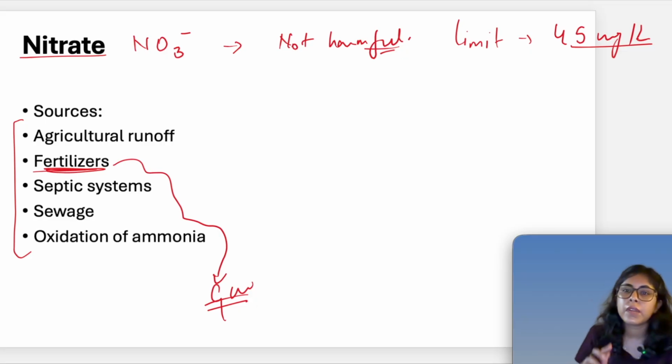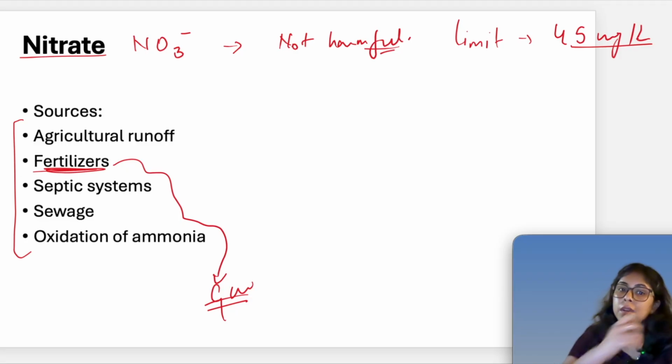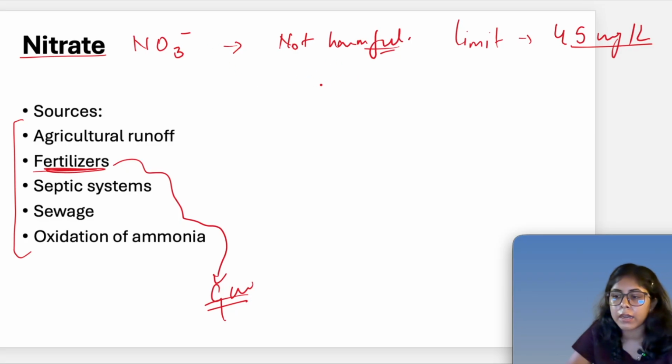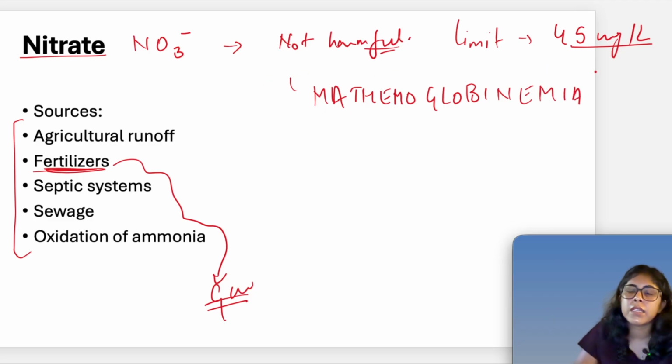But if it is present at more than 45 milligram per liter, infants can get a disease called methemoglobinemia.